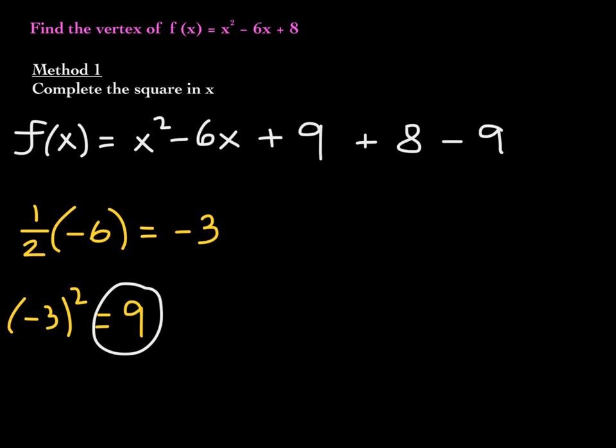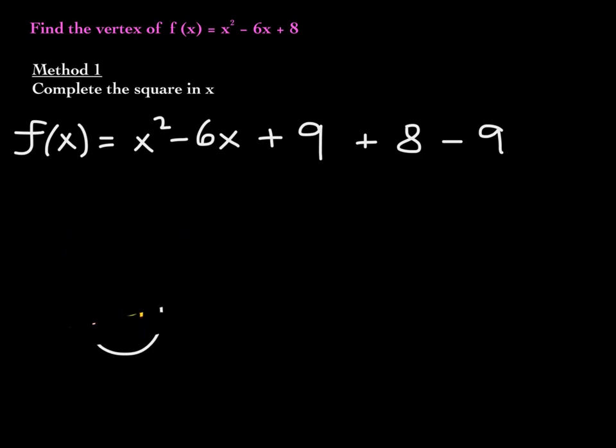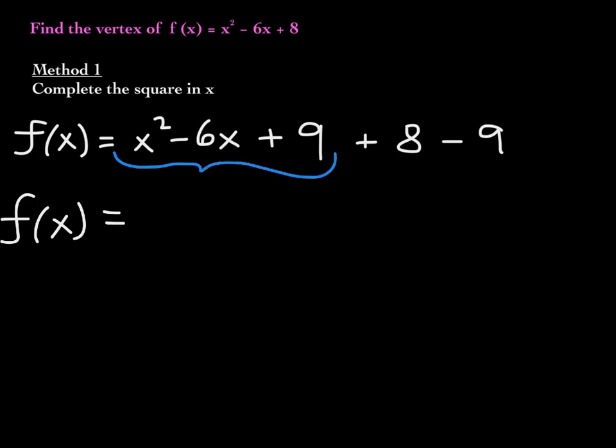All right, let me create some space for us here. So what this does for us is create a perfect square. F of x, these three terms can be written as x minus 3 quantity squared, and then 8 minus 9 is -1.